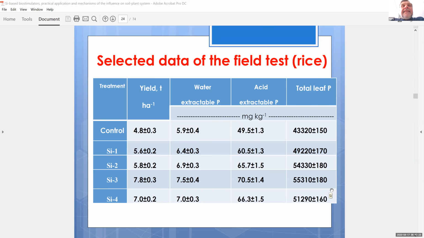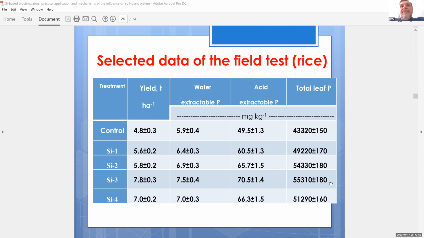So, this data shows that we grew rice and applied different rates of silicon fertilizer, and you can see that when we applied silicon fertilizer, we increased the yield of the rice, but at the same time we increased the water-extractable and acid-extractable phosphorus, and as a result the total phosphorus in the leaf increased as well.